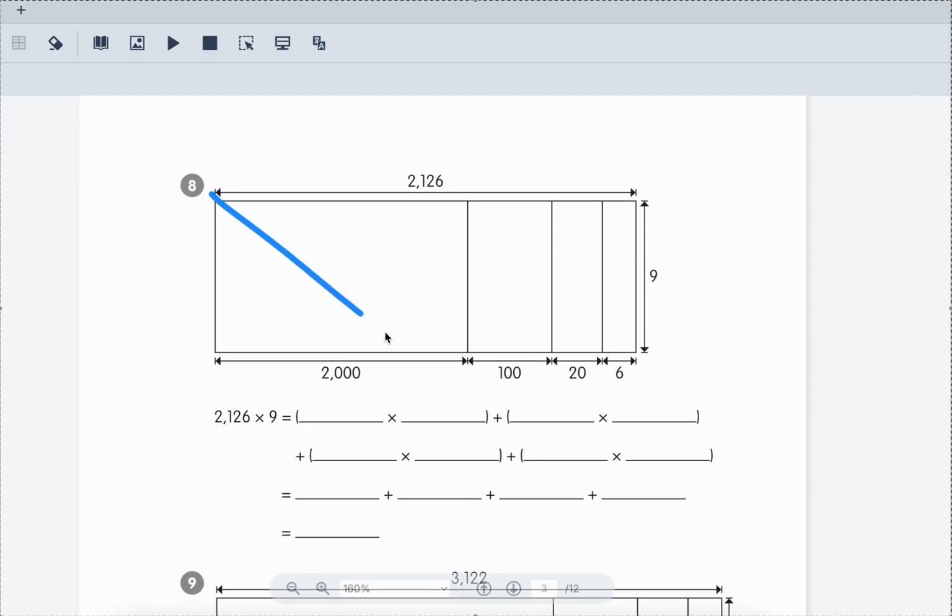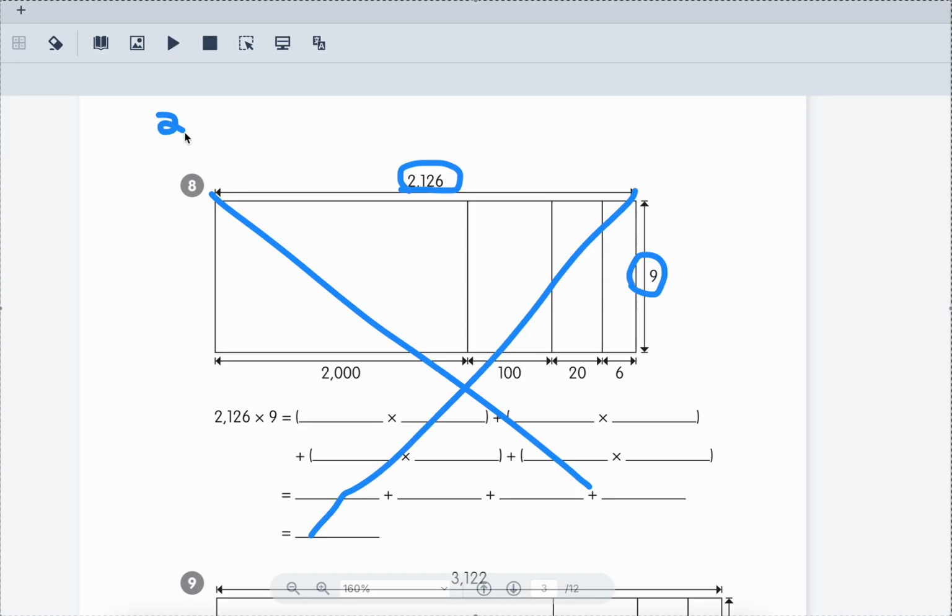The first thing you're going to do is cross this out because we don't use this. It's too complicated. The problem is 2,126 times 9. Pause. Okay, so we're going to break this into expanded form.